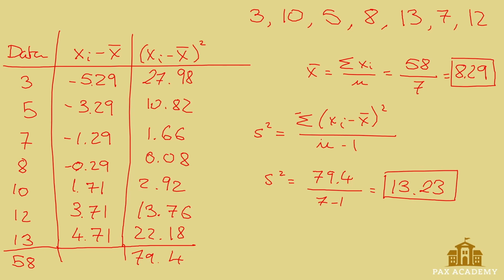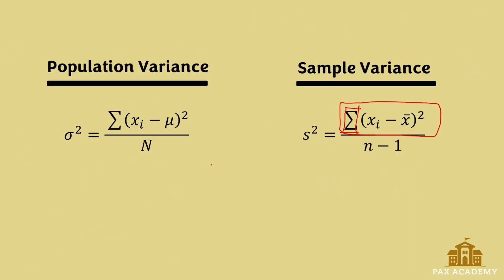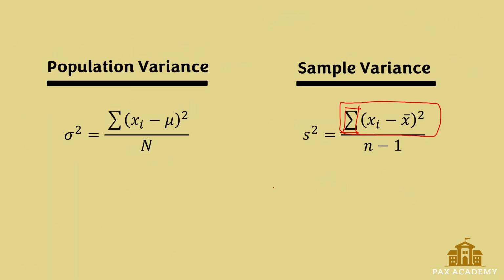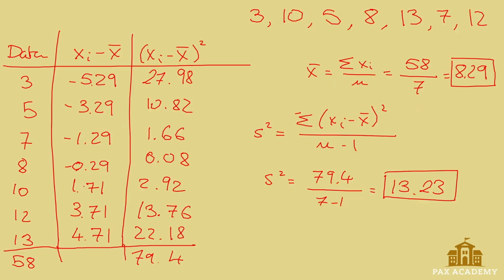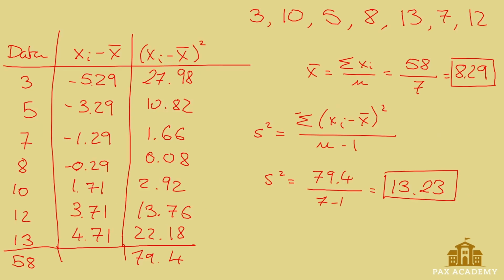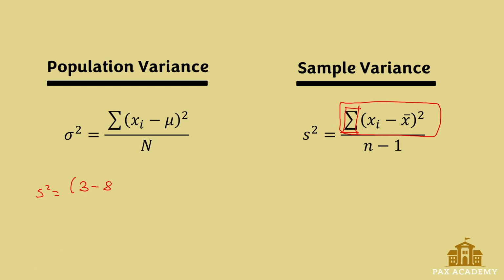Excellent. So that was the first technique, doing this table. The other technique would be to just directly use this formula. It would be a long formula, but you first do the first data point, so x1 minus x bar. x1 was 3, and we said the sample mean was 8.29. So 3 minus 8.29 squared. Then plus, because this is the sum of.